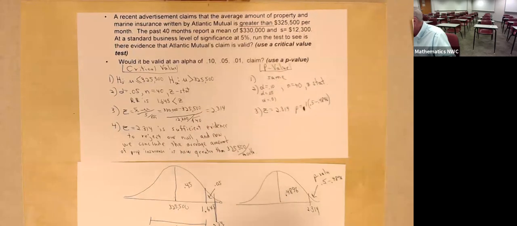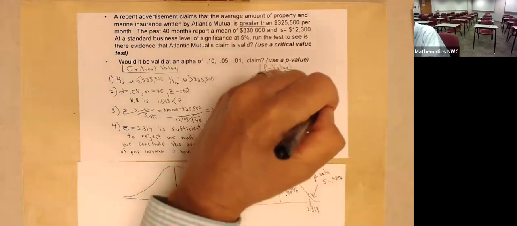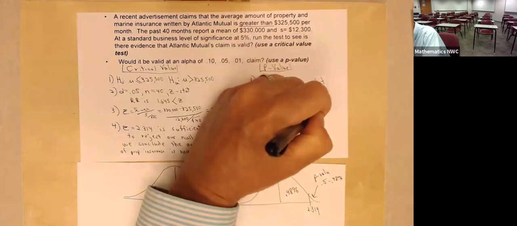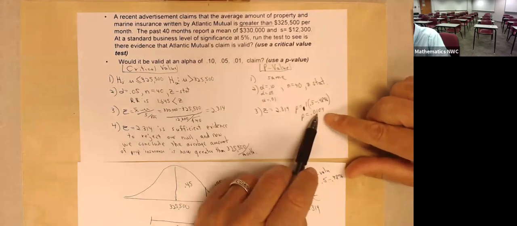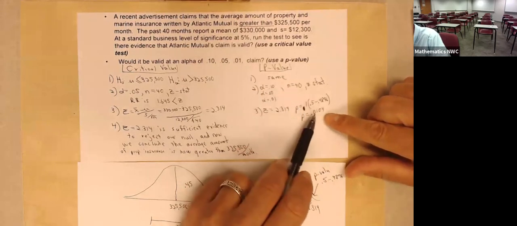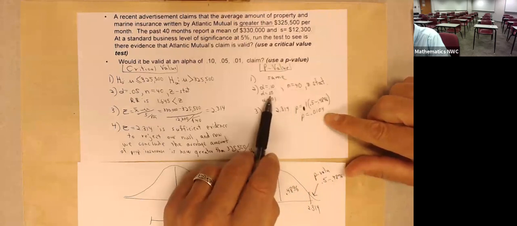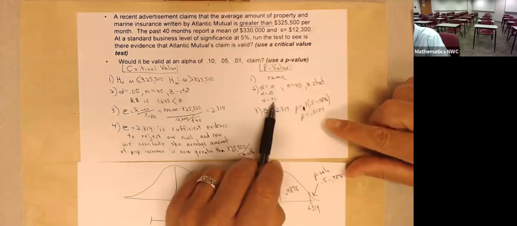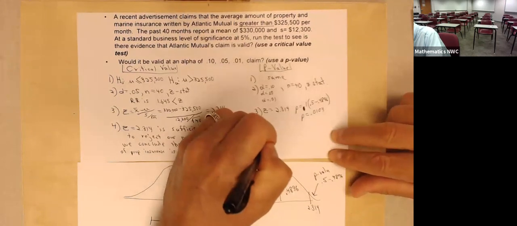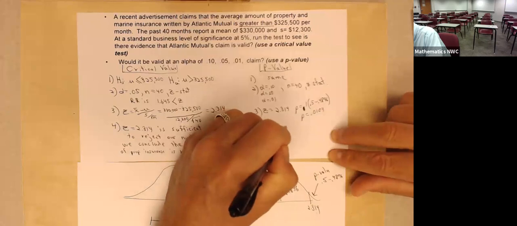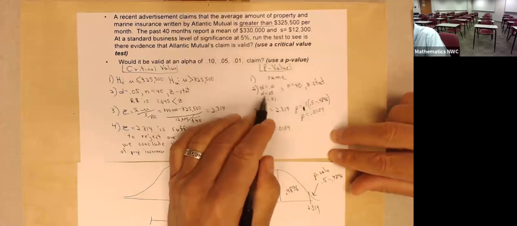That turns out to be, in this case, 0.0104. Notice that that is not less than 10%. It is not less than 5%. It is not even less than 1%. I don't have sufficient evidence at any of the alphas.